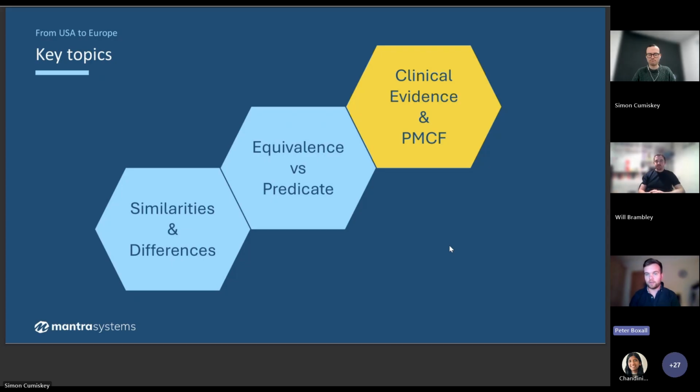So you can see there, understanding your intended purpose and what that means from a clinical evidence generation point of view early is a key component.